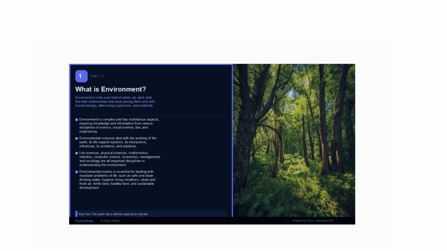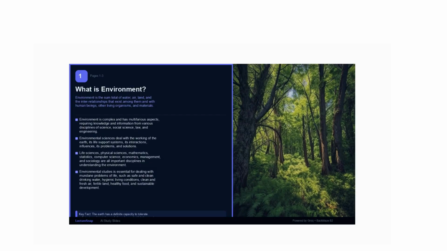The environment is essentially the sum total of water, air, land, and the interrelationships that exist among them and with human beings, other living organisms, and materials. It's a complex system that requires knowledge and information from various disciplines like science, social science, law, and engineering.